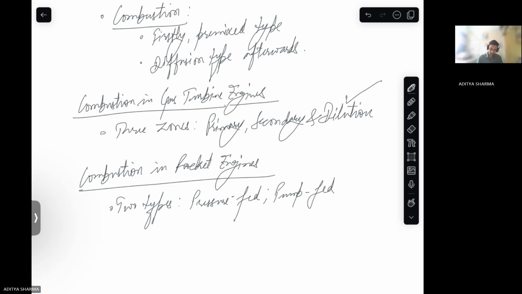In one type, as the name suggests, by means of pressure, the oxidizer and fuel are fed into the combustion chamber. And the second one is pump fed, where we use a turbo pump to deliver the fuel and oxidizer to the combustion chamber.